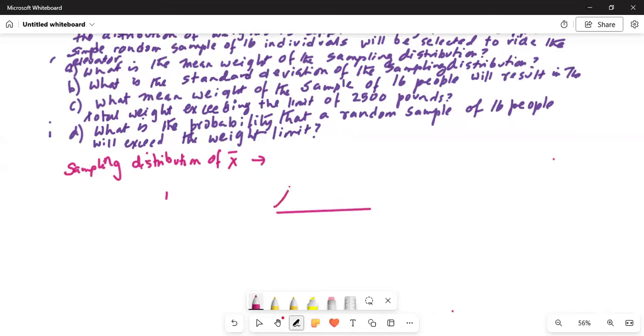So it's a bell-shaped curve also, approximately normal, like this. We have X bar, the sample mean, on the horizontal axis, and of course, we have probability on the vertical axis.